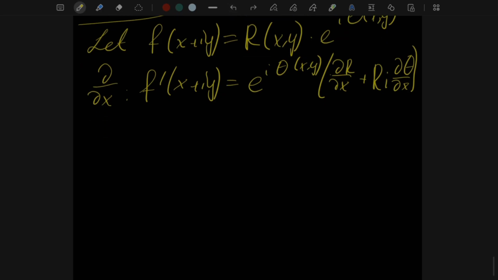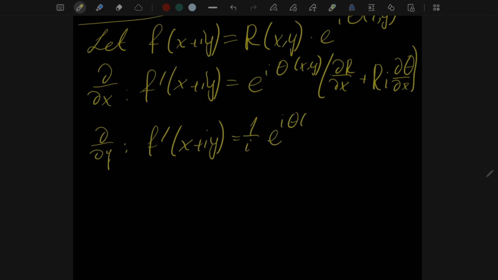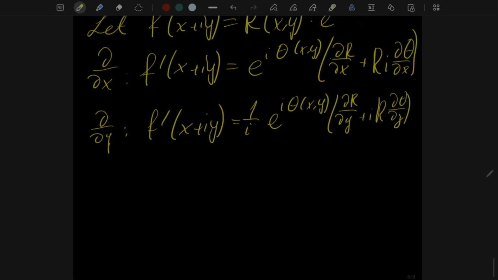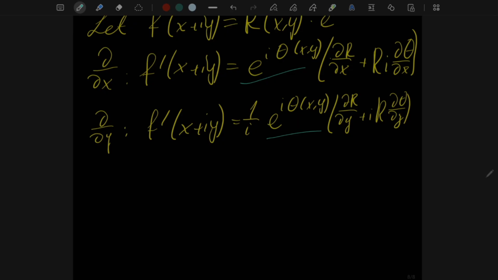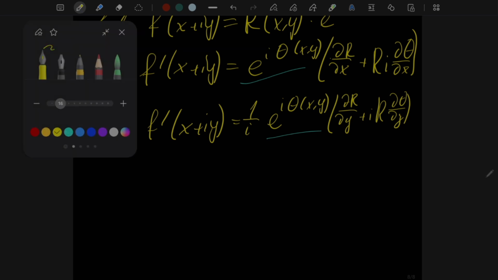Okay, now when we differentiate by y, it is essentially the same thing, but also we need to divide by i. And by setting them equal to one another, the multiplication by this cancels out because it is non-zero everywhere. And we get that yet again our real part and imaginary part are the same.